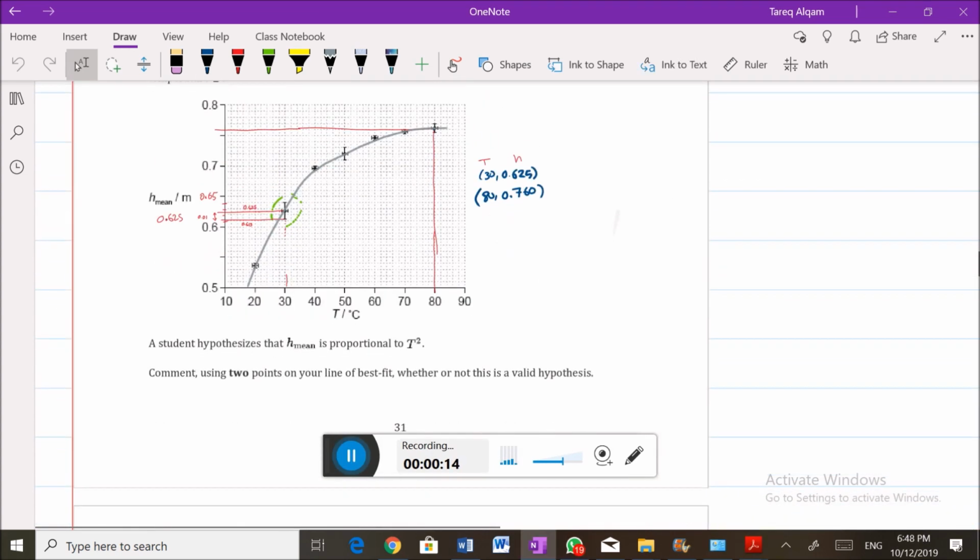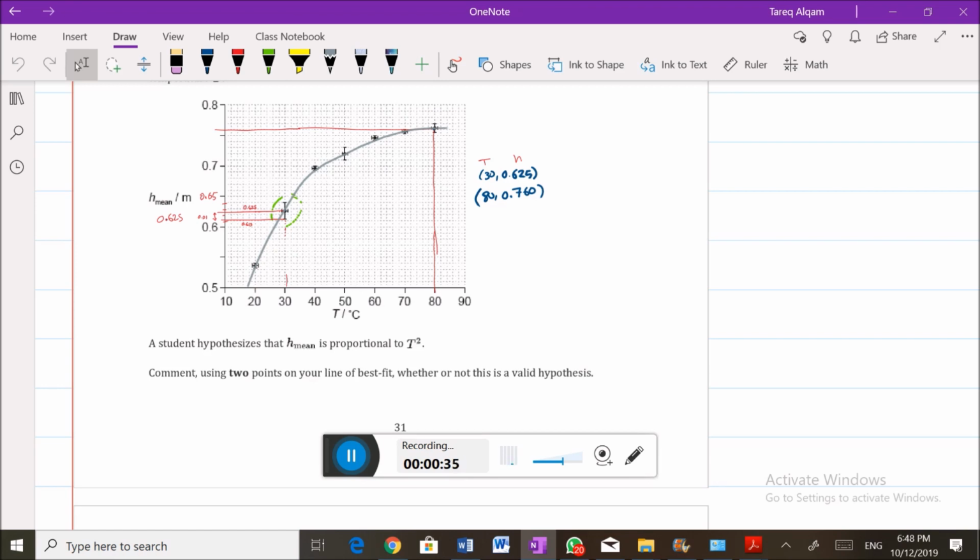But before this, I have to draw the best fit. So I have to select 2 points on the best fit. Be careful. I have to select 2 points on my best fit to check if the ratio between h and t squared is constant or not.